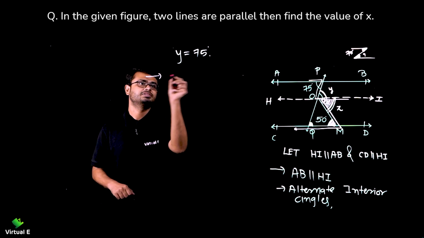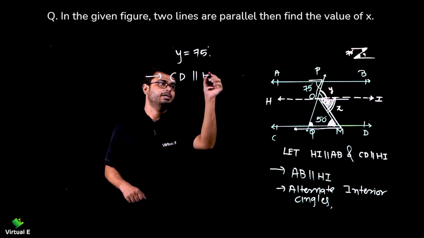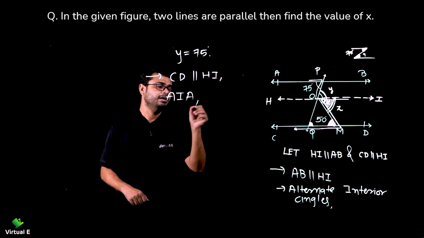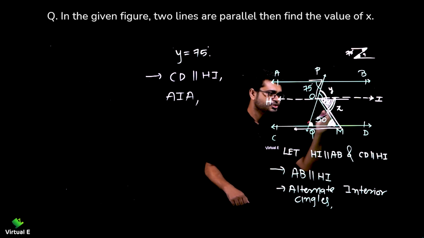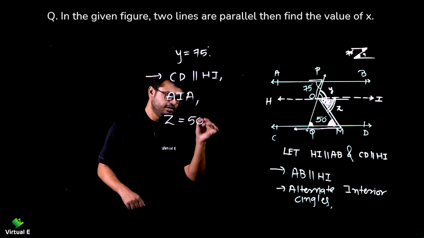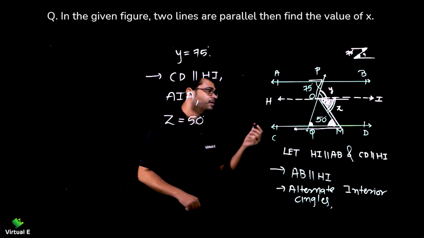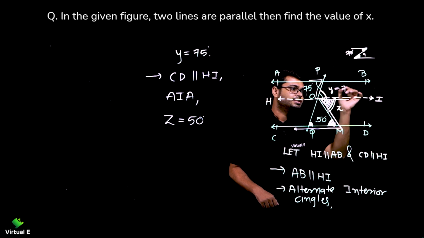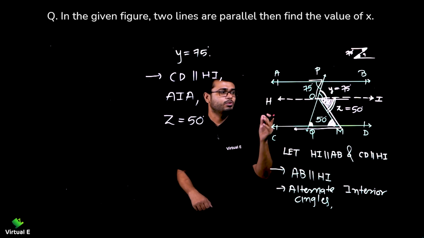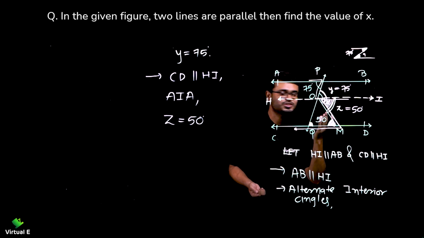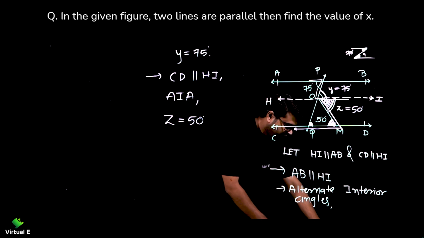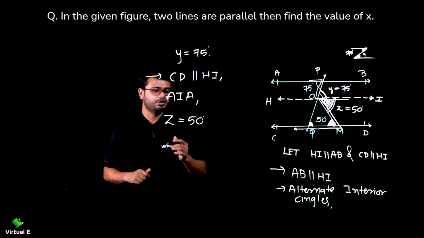So let's write CD parallel HI, and what's the condition? AIA, alternate interior angles. So we can write Z is equal to what? 50. Done. Now we have the value of y as 75, here 50. Then what's left? Just add these two angles and we are done with this question. Very easy to do, but you need to have proper idea about this question, that how to do it.